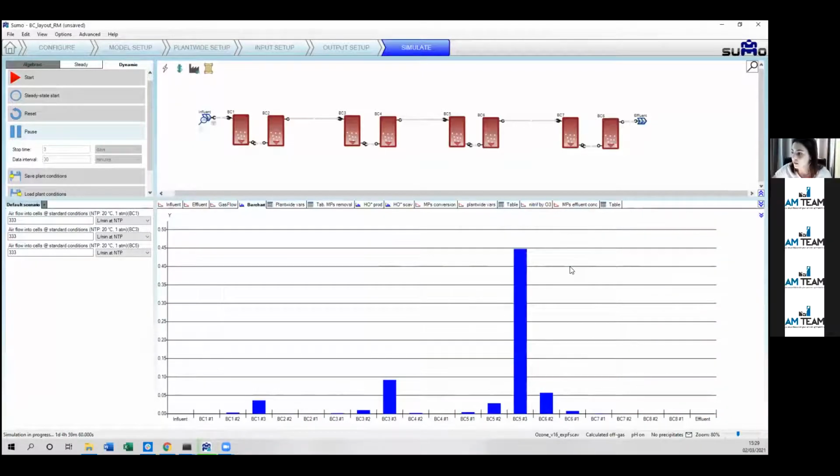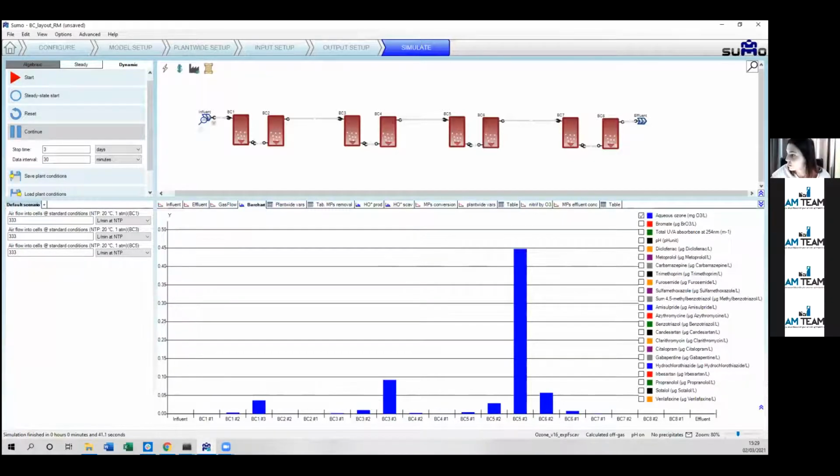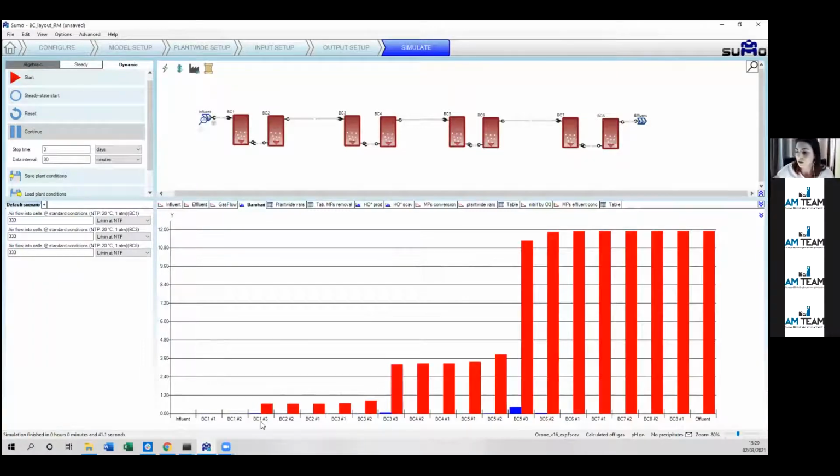Now we can see that the highest ozone residual occurs in BC5, again close to the diffuser. There is some ozone residual in BC3 and in BC1, but let's see what happens to the bromate. So the bromate formation in BC1 is now very limited, it's only 0.6 micrograms per liter.